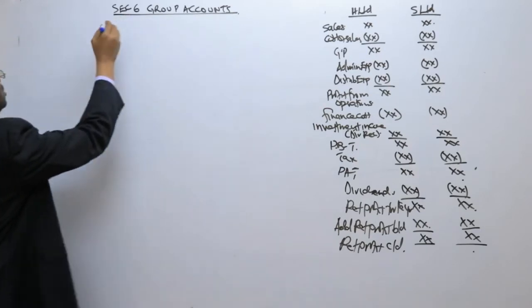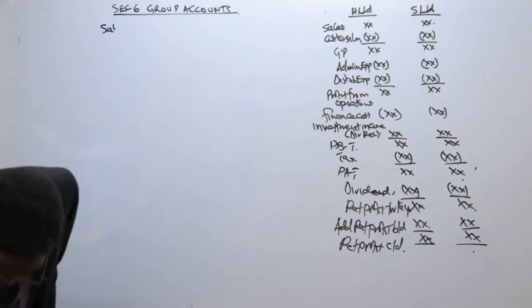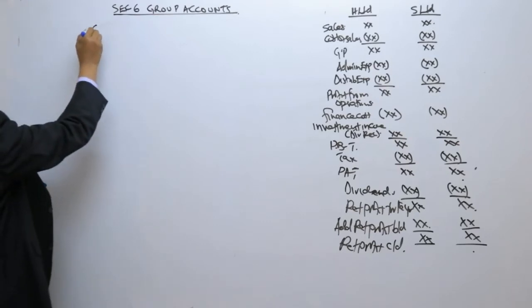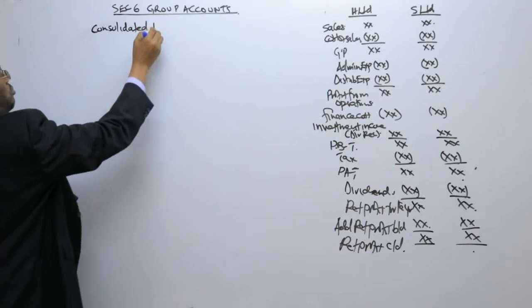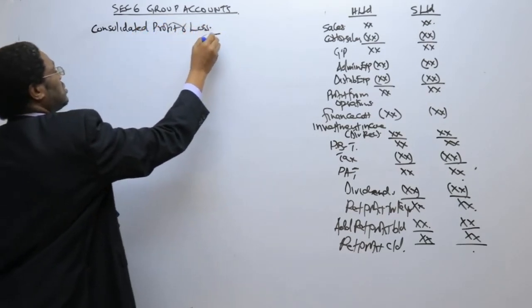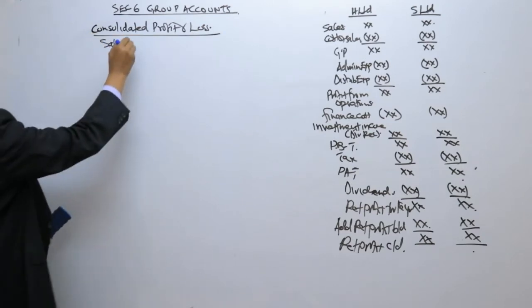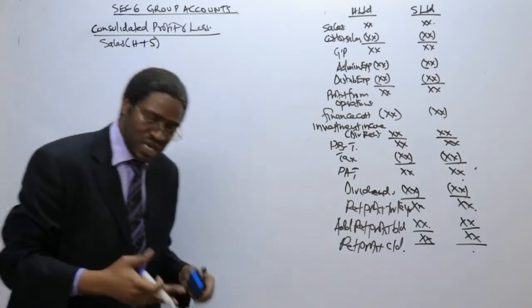We said to determine the group sales, when you are preparing this consolidated profit and loss, you normally start by taking the sales of the holding company plus the sales of the subsidiary company.